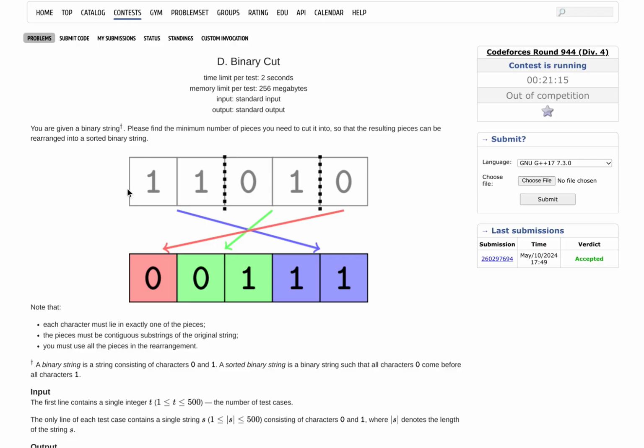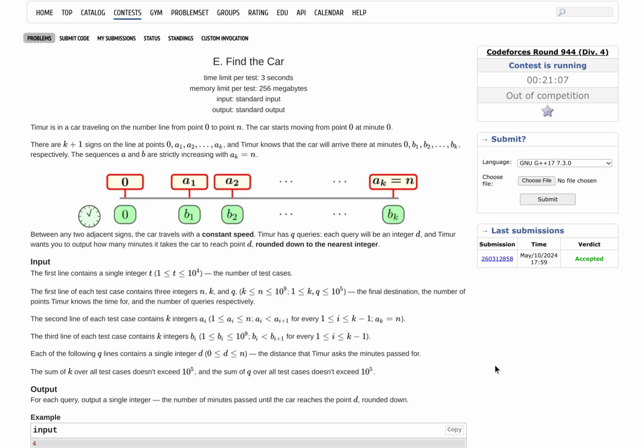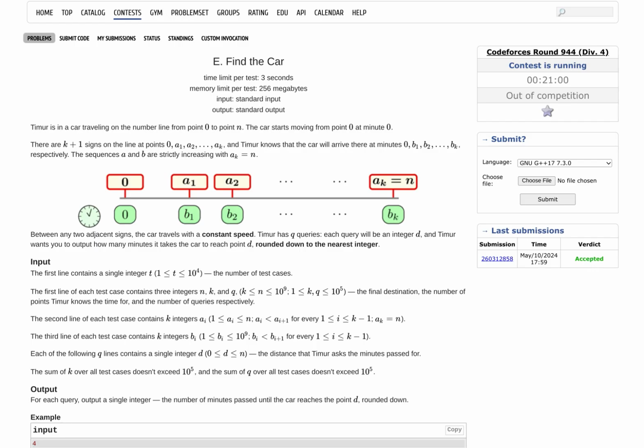Okay, let's go to problem E. All right. So in this problem we are given this A array, which is the location of all the points, and then a B array, which gives the time.